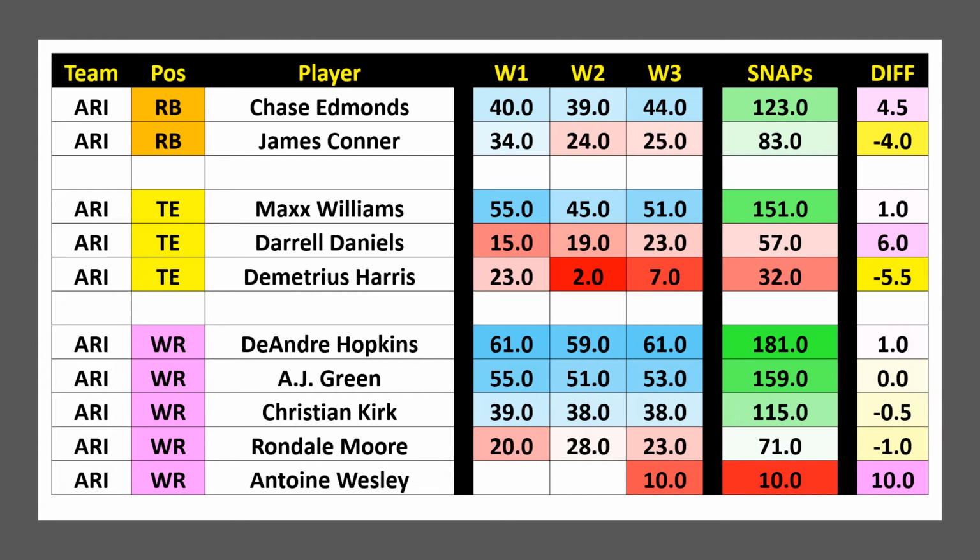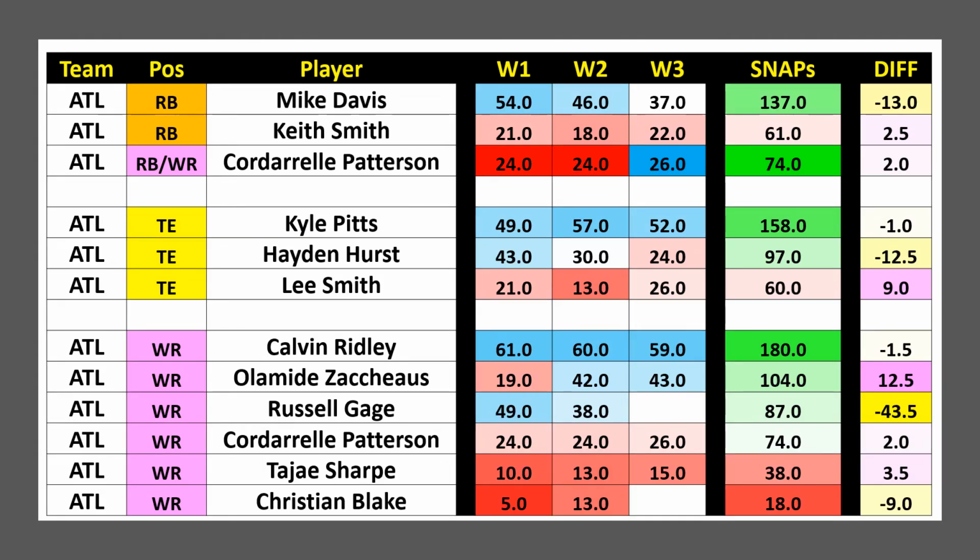It's like they're on a plan, and this is what we're going to do each week. It's scary when the numbers are almost the same week per week. So Rondale Moore, everybody's talking, but look at this, 20, 28. Nothing says they're moving up over Kurt as far as snaps.